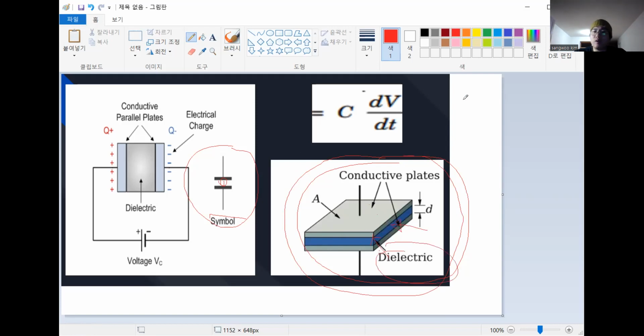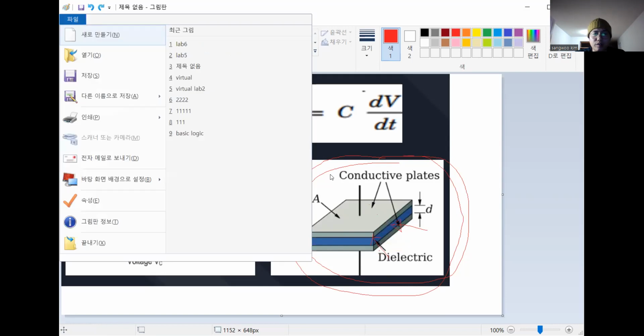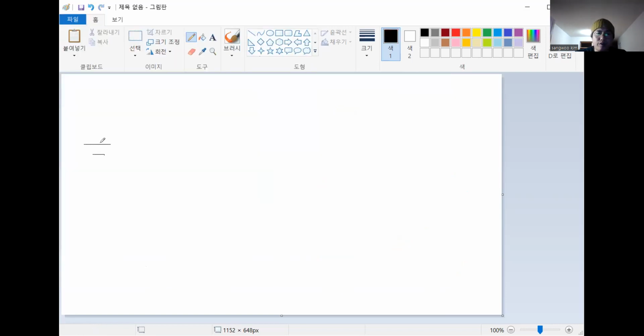So for example, I make a circuit. This is a switch, this is R and this is C. My question is, do you think if I close the switch, the current is flowing here?